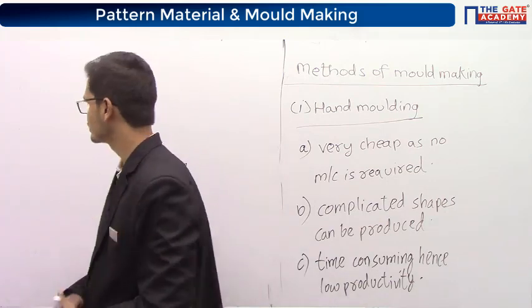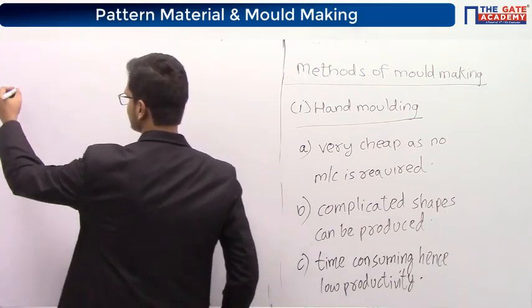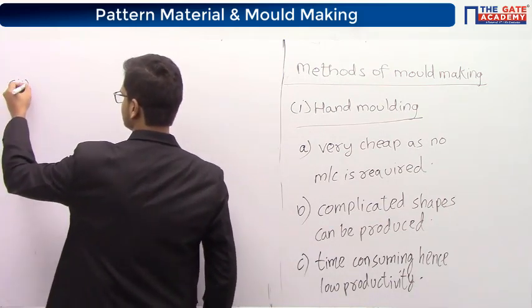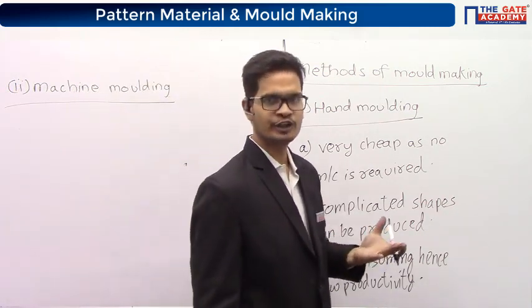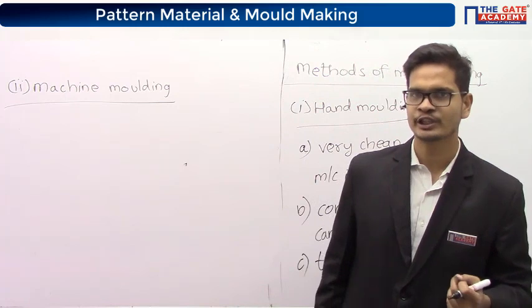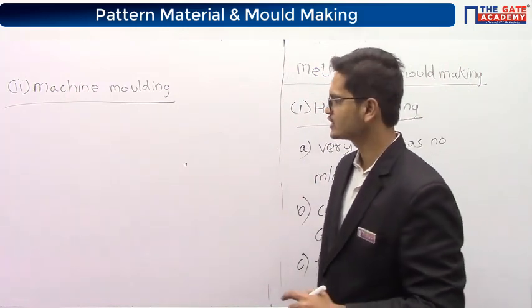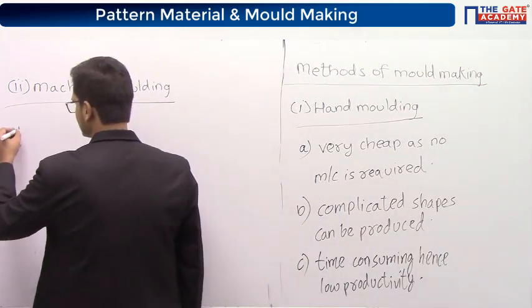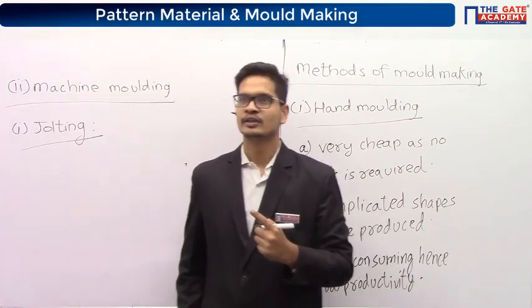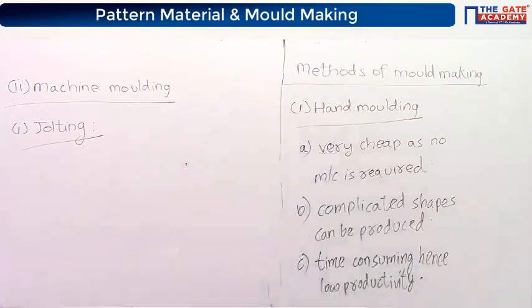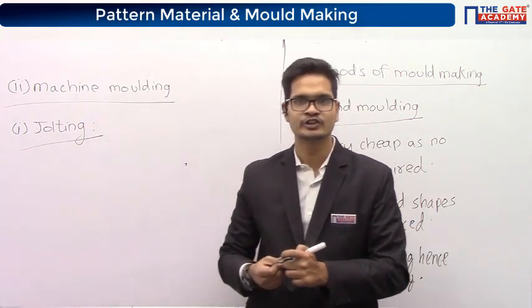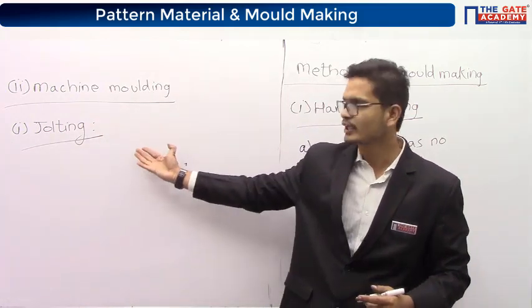Next is machine molding. The second one is machine molding. Now the machine molding can be classified into different types. First one is jolting. Jolting means applying impact load. In Hindi, jolting means jhatka dena.